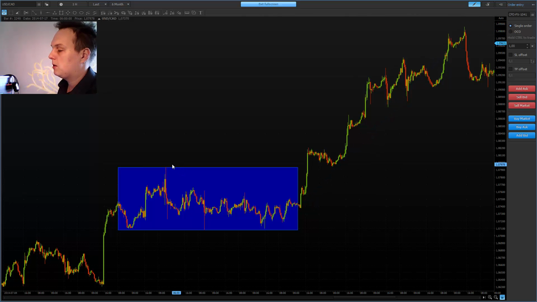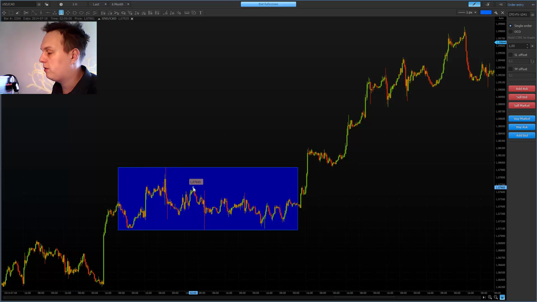So pretty good demand here, and we assume that more demand is lined up somewhere in this area. If price goes down here, we assume that these buy orders, buy limits, will drive price up one more time, right?